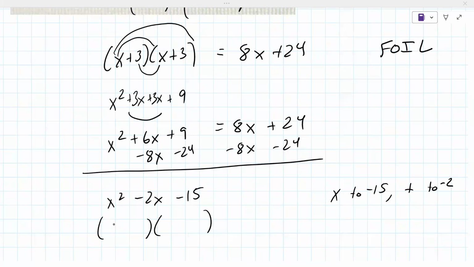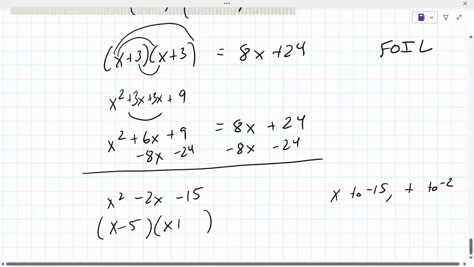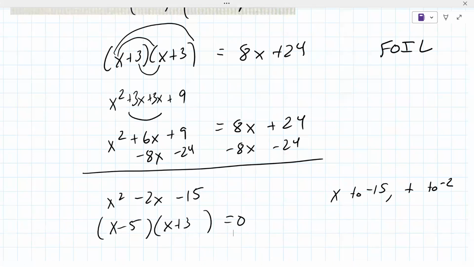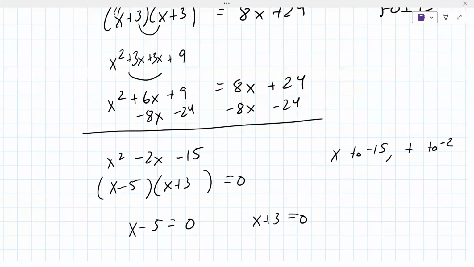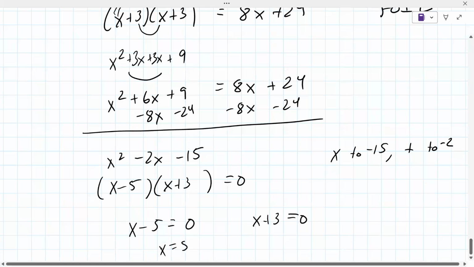Yes. X minus 5, x plus 3 equals 0. So you set each of those equal to 0, and then you solve for x. So it ends up being x equals 5, x equals negative 3.